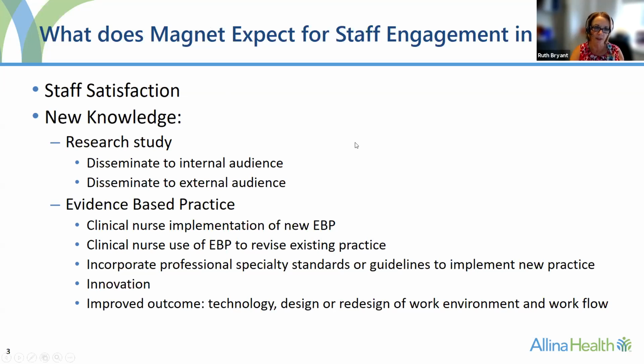But if you look specifically at the new knowledge section criterion, they have specific criteria for research study, and that is that the staff nurse needs to be involved in disseminating to internal audiences and external audiences. That's a really reasonable expectation. We engage the staff in projects so that they can help with the dissemination.